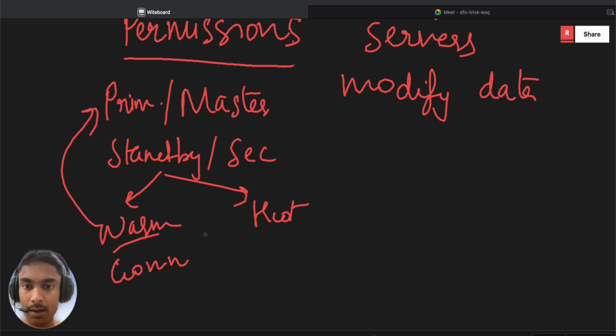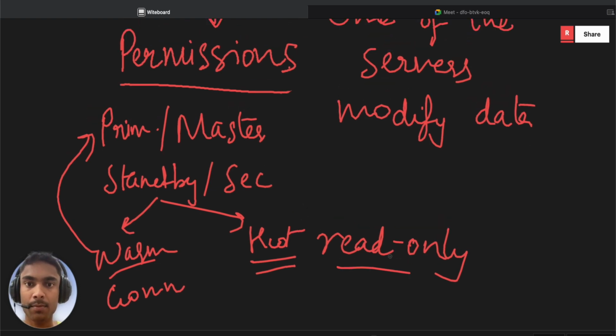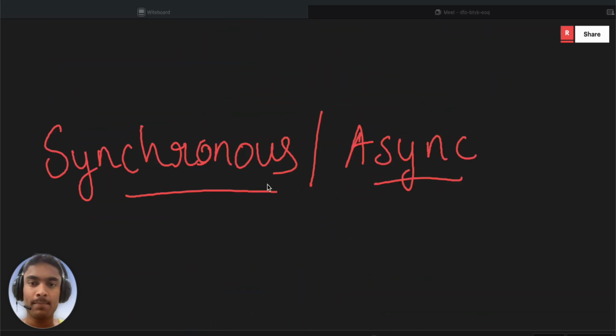Whereas a hot server can accept connections, but only for read-only requests. That is the difference. So that is one of the ways.